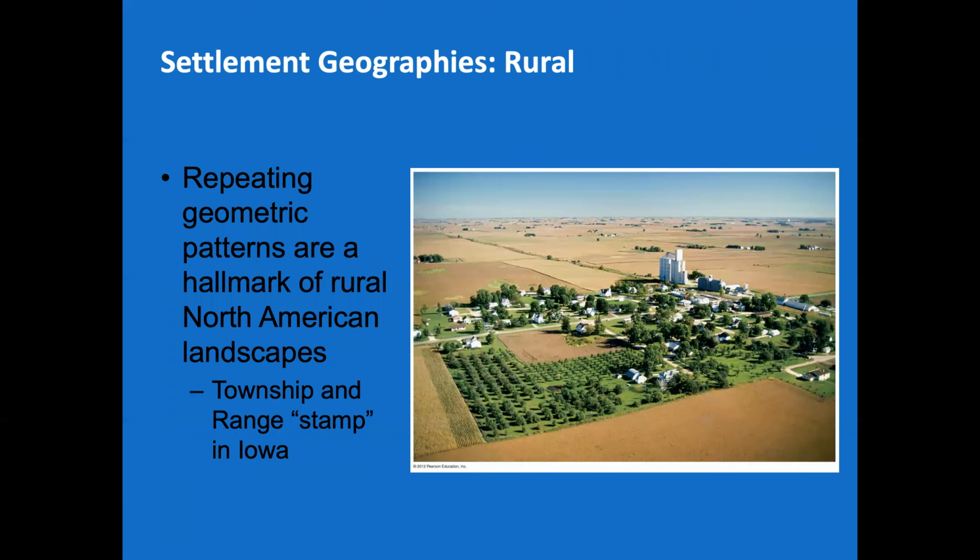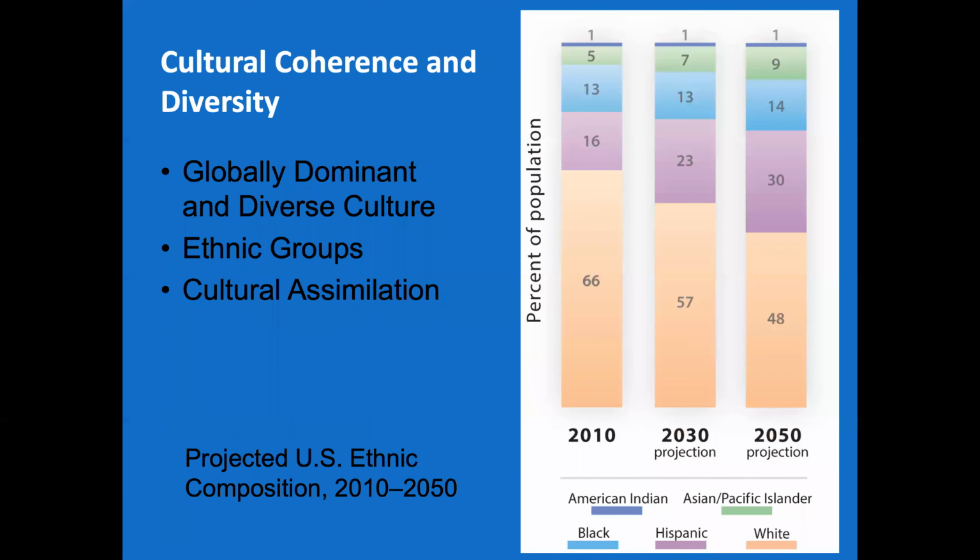Talk about the rural angle of things and the idea of the projection of people. So this is in 2010, percentage white, Hispanic, Black, Native American, Asian, Pacific. Notice how the numbers shift away from one. And frankly, the largest or fastest rising sector is Hispanic in the United States.